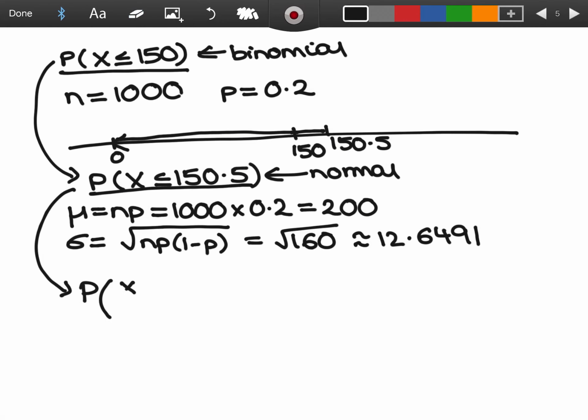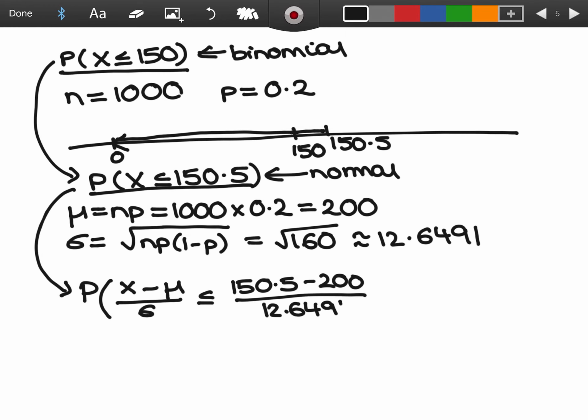So remember, our formula for that was X minus the mean divided by the standard deviation. So I'd have 150.5 minus the mean divided by the standard deviation. Okay. I now have Z is less than or equal to, when you type all of that into a calculator, you get -3.91.